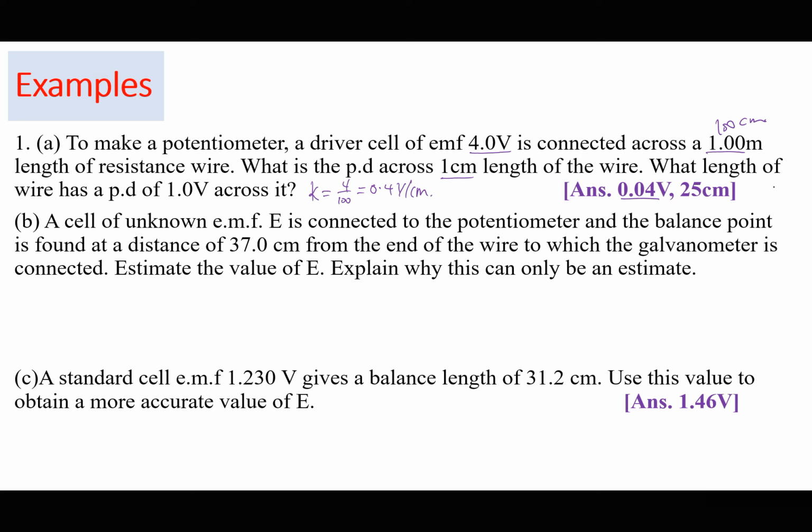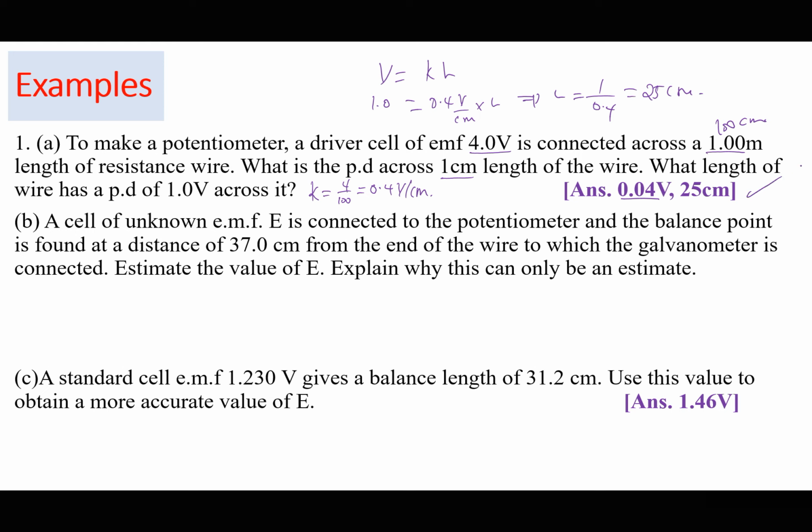Then what length of wire has a PD of 1 volt? So remember, V is equal to the PD per centimeter times the length. So V is 1.0, the PD per centimeter is 0.4 volts per centimeter, times L. So L is going to be equal to 1 divided by 0.4, which is 25 centimeters.